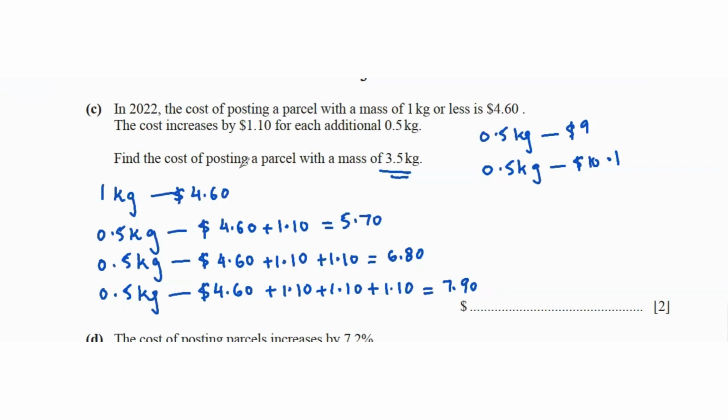So the cost of posting a parcel with a mass of 3.5 kg is going to be $10.1. This is the final cost. Because if we add the masses, 1 plus 0.5 is 1.5, then 2, 2.5, 3, and 3.5.